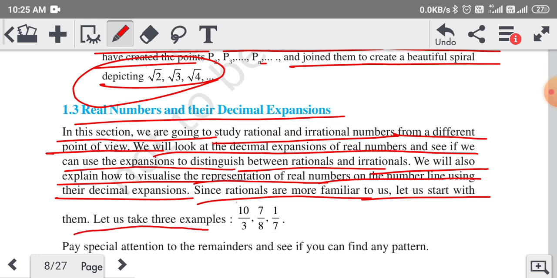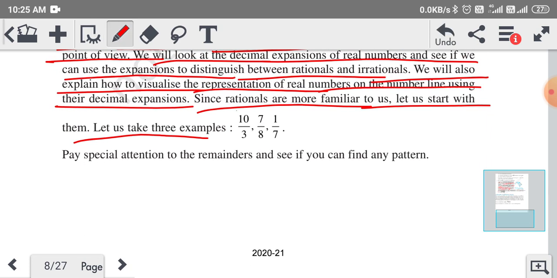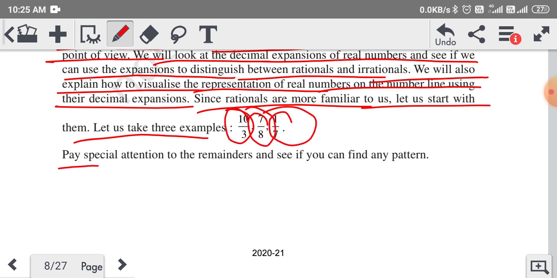Let us take three examples, that is 10 by 3, 7 by 8 and 1 by 7. Pay special attention to the remainders and see if you can find any pattern.